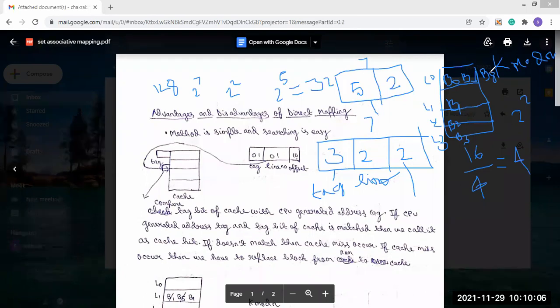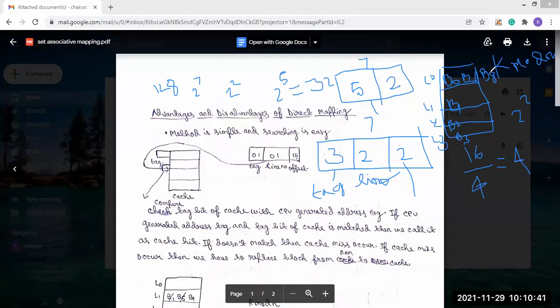This block will come only in line number 0. Other than line number 0, even if there is space available, this block does not come into another line, because this K mod N formula says that block number 0 should be present in line number 0, block 4 should be present in line number 0, and block 8 should be present in line number 0.